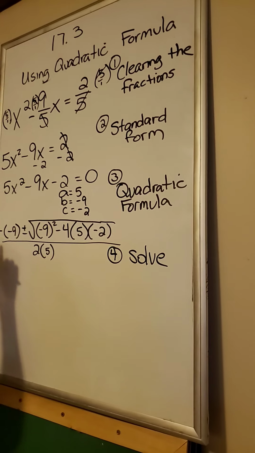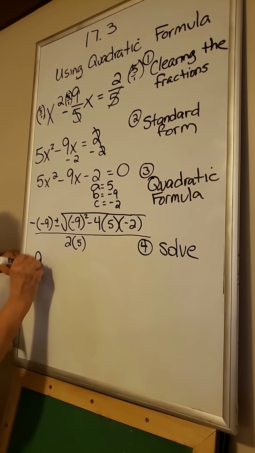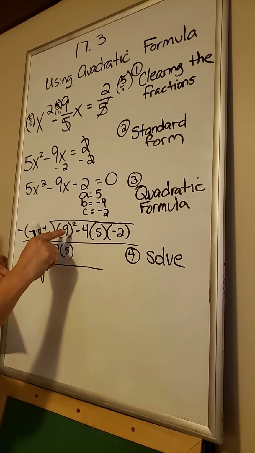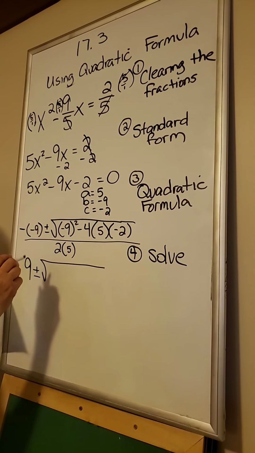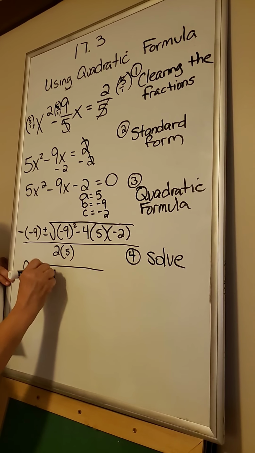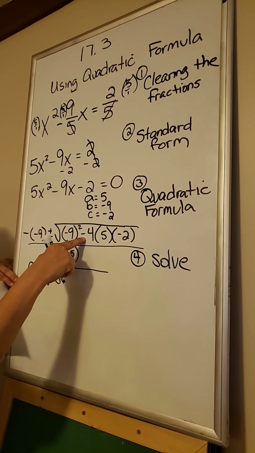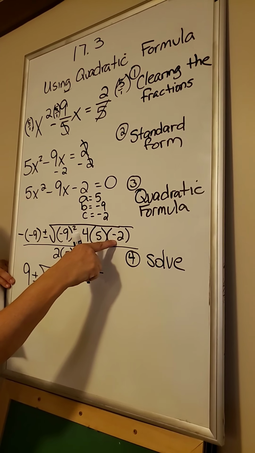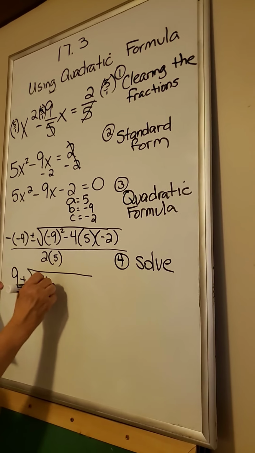So negative times negative -9 is going to give us 9, plus or minus radical. Negative 9 squared is going to give us 81. We got negative 4 times 5 is negative 20. Negative 20 times negative 2 is positive 40.